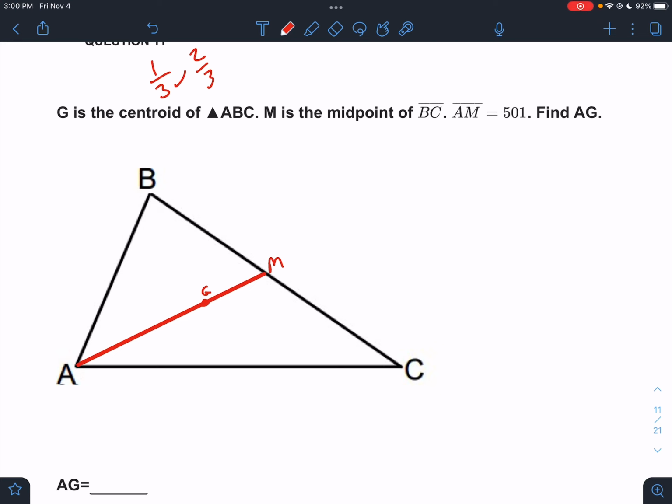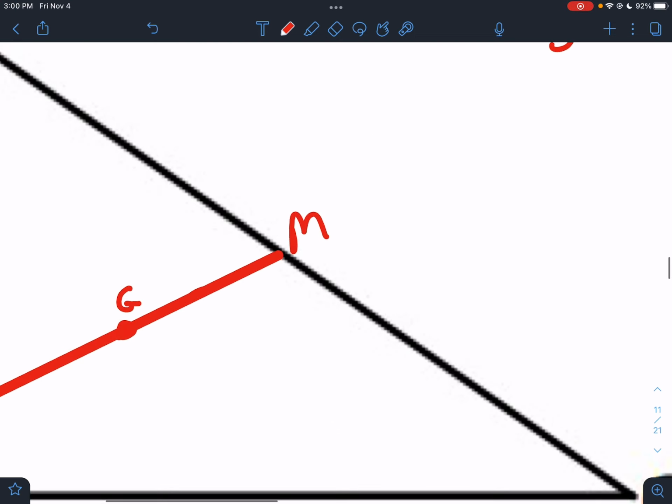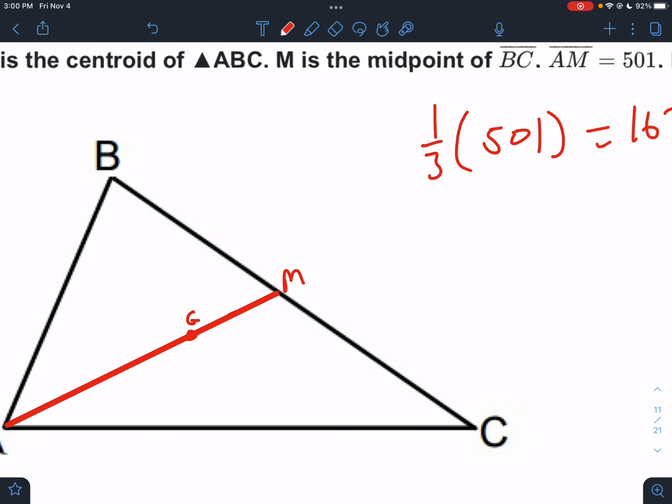AM is 501. Well, I know that 1/3 of 501 is going to equal, oh gosh, 300 plus 201. I don't even know. I'm going to type it in. 501 divided by 3 is 167. So I know that the distance from the centroid to the wall is 167.